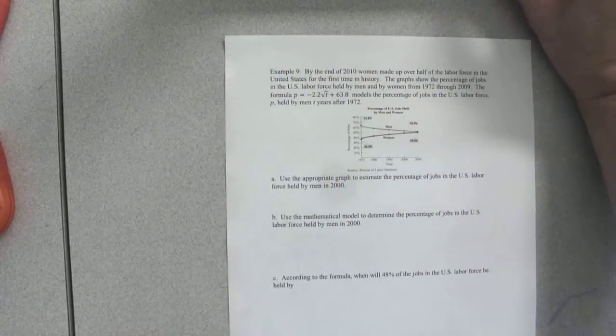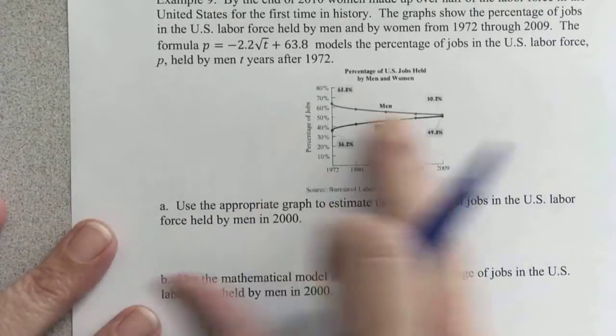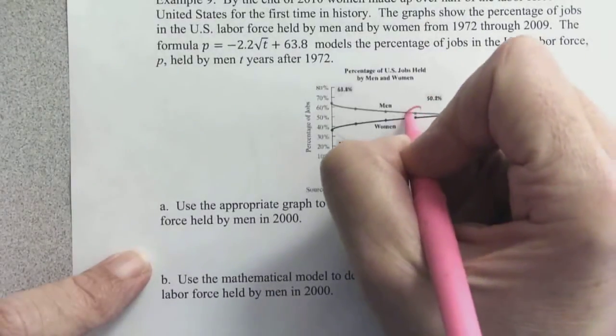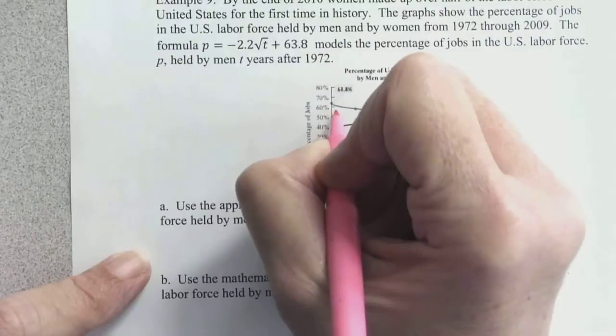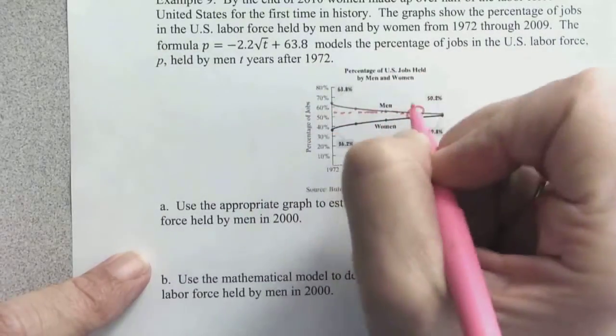Now I'll do what I meant to do, just zoom in so we can see that graph better. If I had a color printer, this would be in color, but I don't. So men is the top curve. 2000 looks like it's right about there, and I'm doing my best to draw a straight line.